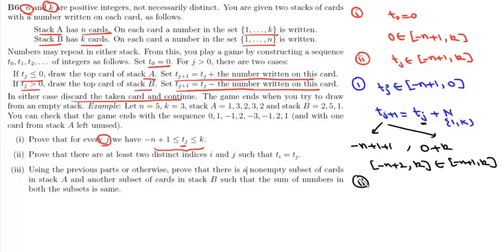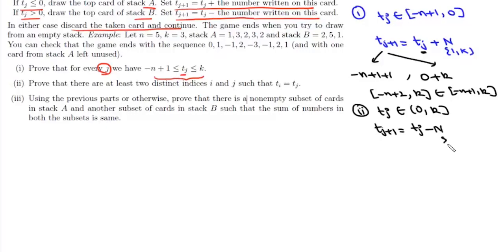Now we take the second case, when tj lies between 0 and k. Now here tj plus 1 will be tj minus n, and here this n will be a card from 1 to n. Now the smallest value of tj plus 1 is when tj is smallest, which is 1, and n is highest, so it will be 1 minus n, and its highest value is when tj is highest, which is k, and the card is 1.